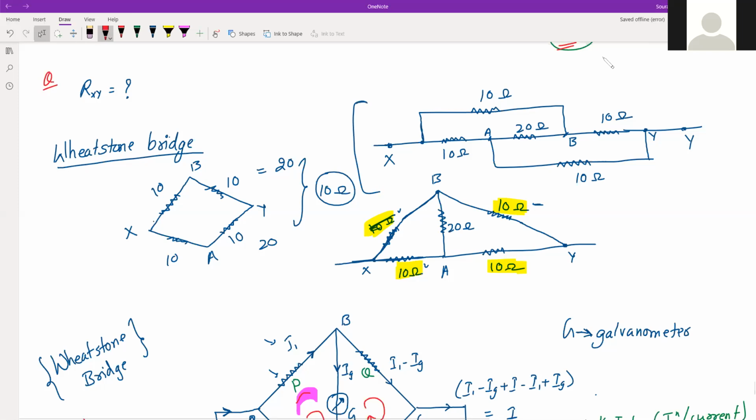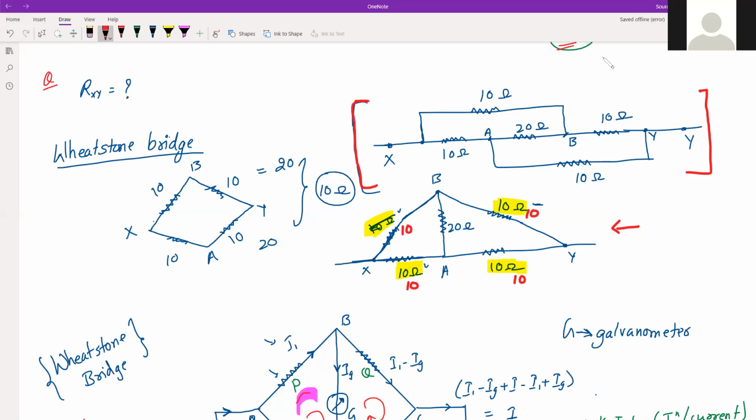But we simplified our question from this to this. And then we observed that these ratios 10, 10, and 10 are proportional. That is, 10 by 10 is equal to 10 by 10.